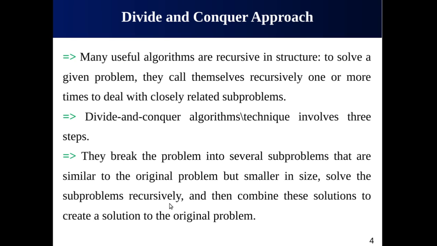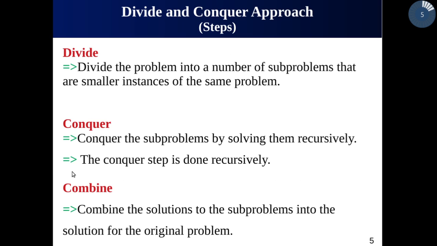So here we can see these steps one by one in detail. The first step is the divide step, in which we divide the problem into a number of subproblems. The subproblems are simpler versions of the main problem, or smaller instances of the same problem. By using the divide and conquer approach, you can divide the problem into several subproblems of the same type.